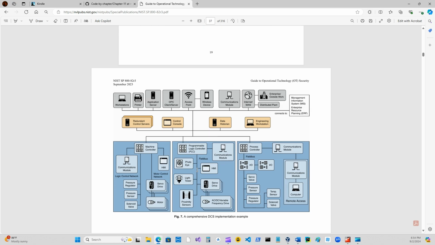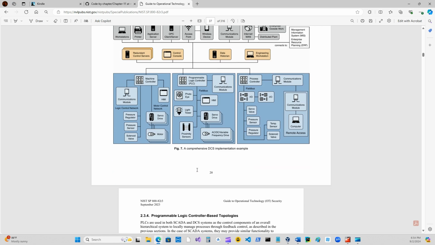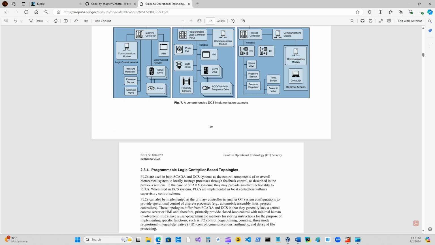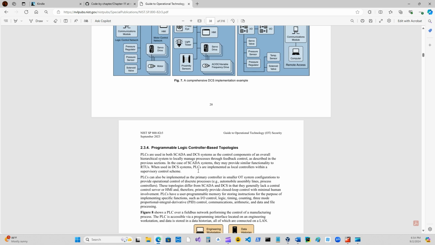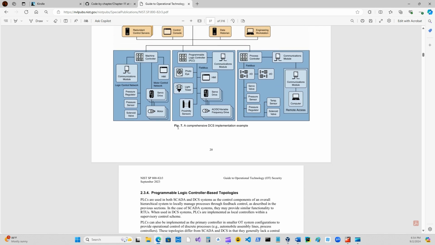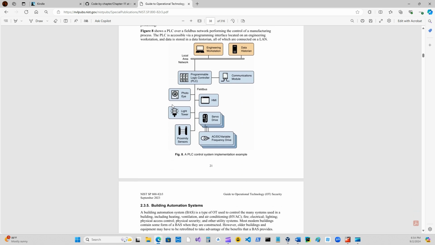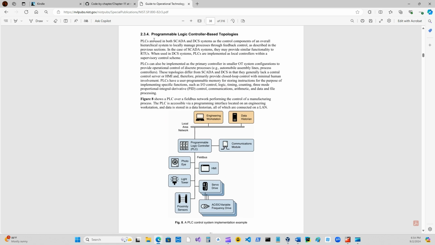So go through this. I recommend it for people that are trying to get into the cyber field and have more hands-on experience, and maybe they know what all this stuff is. They know what a PLC is and all that, and they know what sensors do. Maybe they're double ETs or something. This would be the side you want to look into if you're getting into cyber.